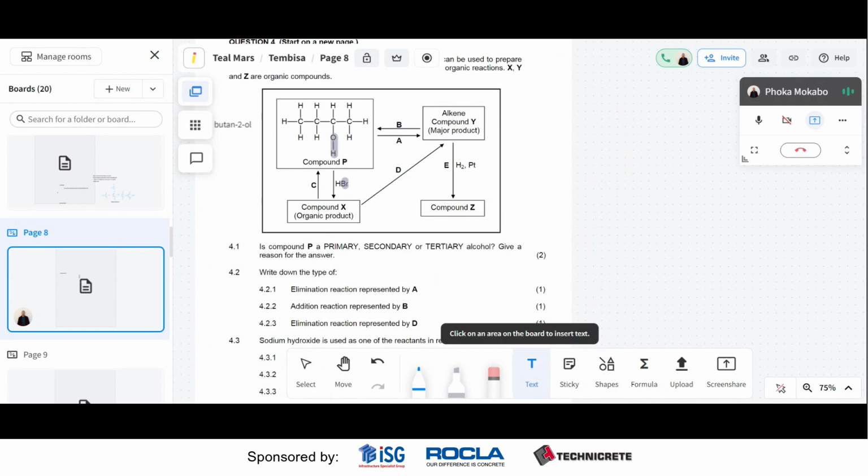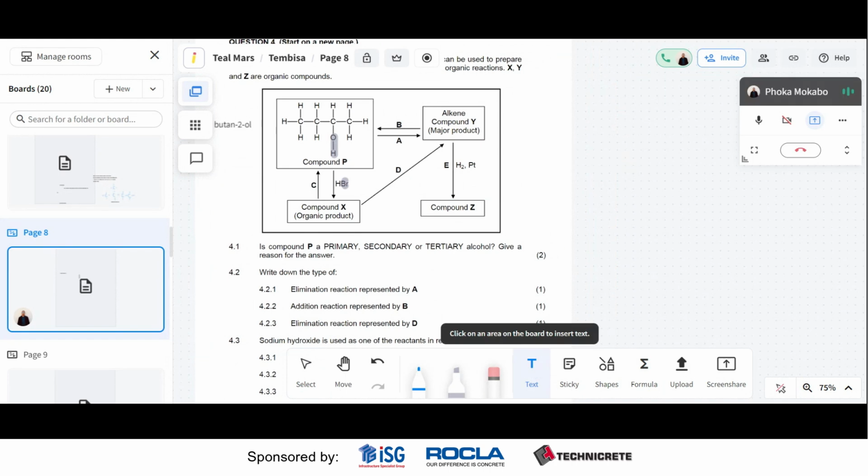It is still a butane, but after the reaction, our organic product would now not be an alcohol, but a haloalkane.